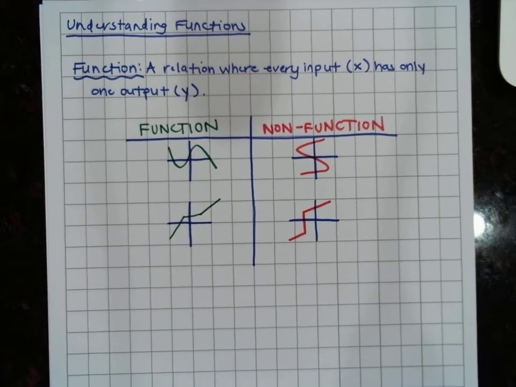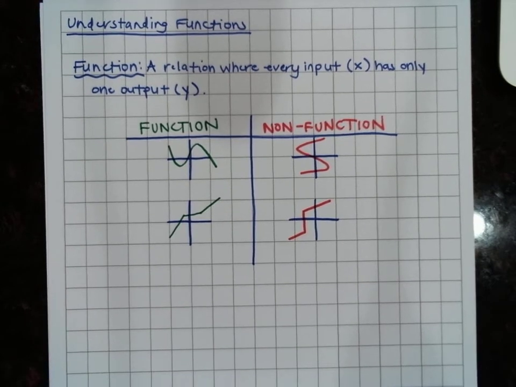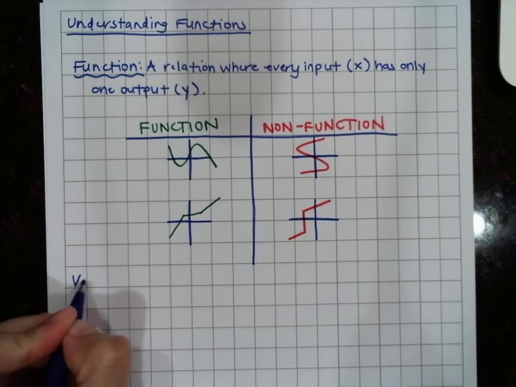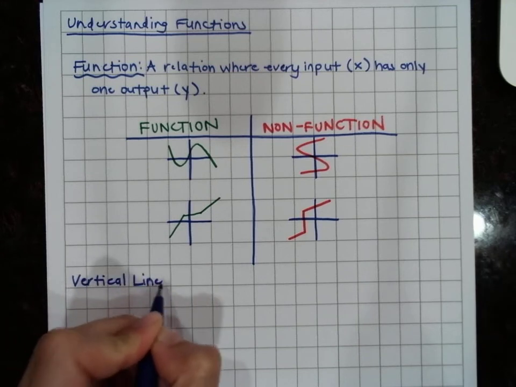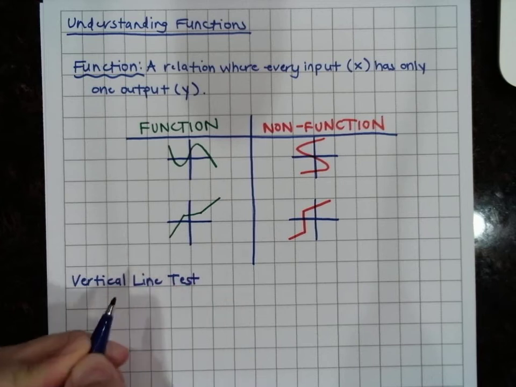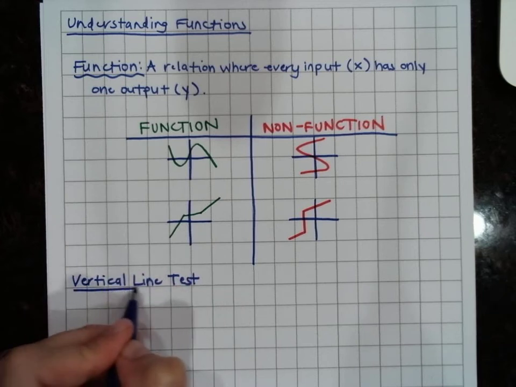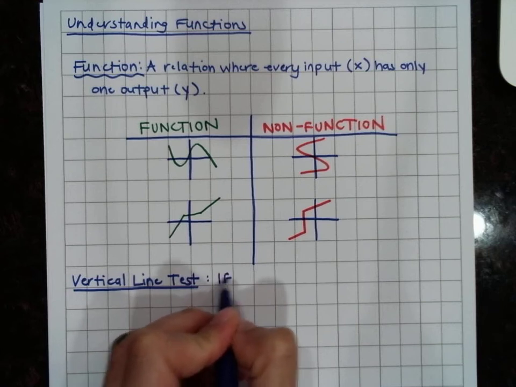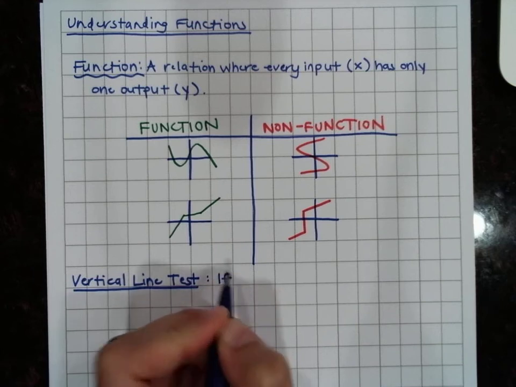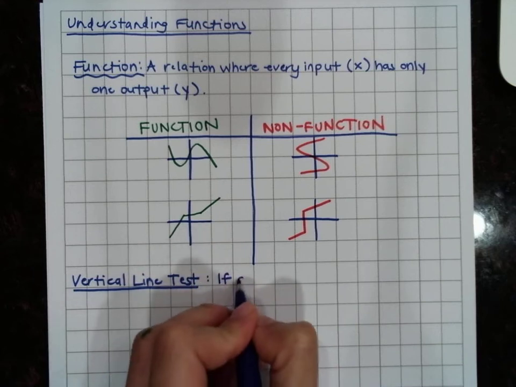Okay, so when we're talking about graphs, we can use what's called the vertical line test. This says, if a vertical line intersects the graph more than once, it is not a function.